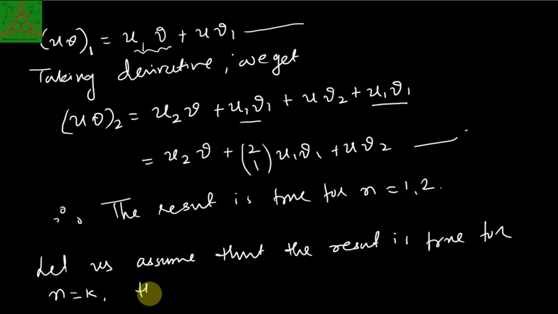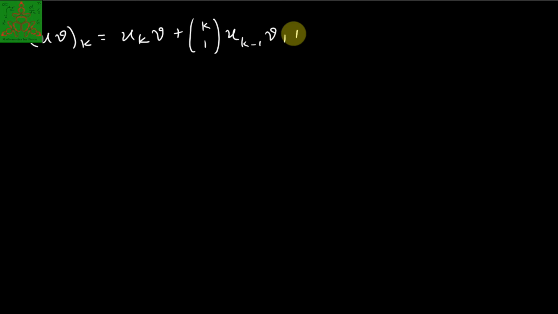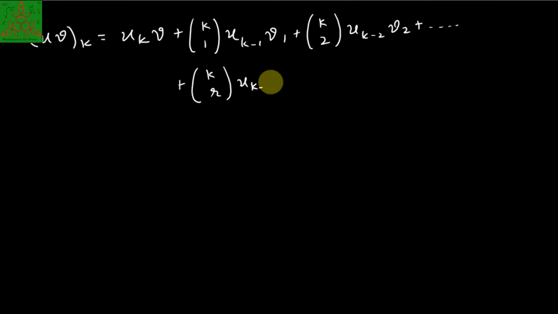That means (uv)k, the kth derivative of uv, will be uk v plus kC1 uk-1 v1 plus kC2 uk-2 v2 plus so on, plus kCr uk-r vr, up to kCk u vk.